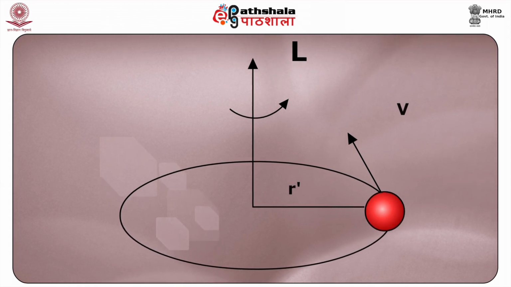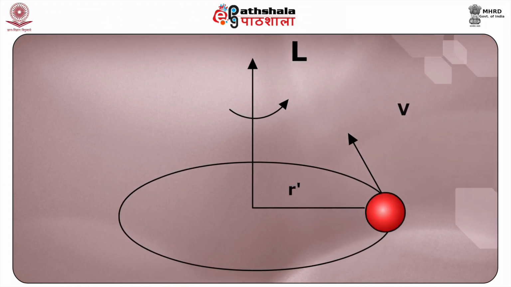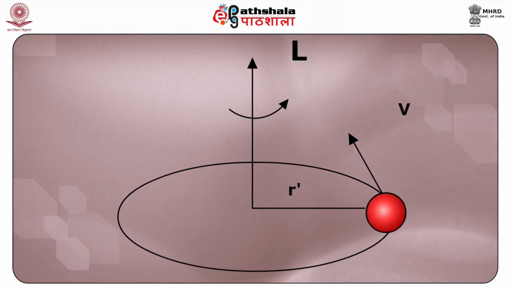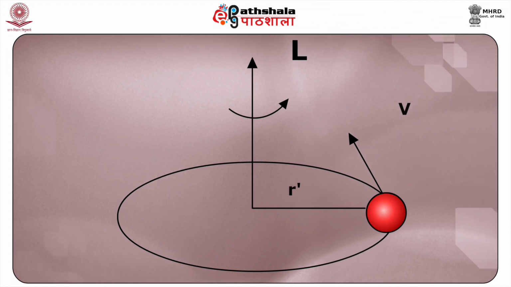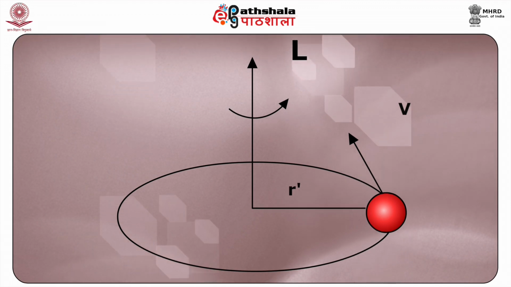The angular momentum vector is always directed perpendicular to the plane in which the circular motion of the electron in its orbit is taking place. Angular momentum is represented by the vector length.